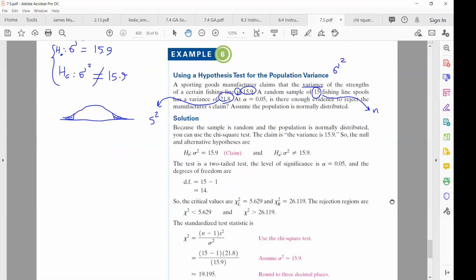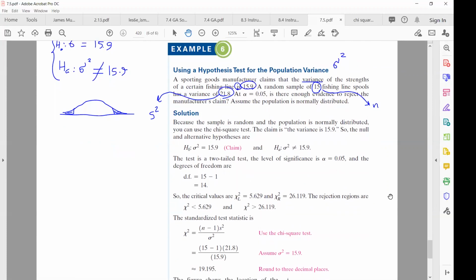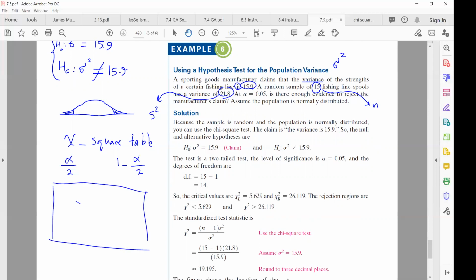Perfect. To find critical values, first of all, we have to use the chi-square table. And also, we have to do a little bit of algebra. Alpha over 2, 1 minus alpha over 2, and then we find the critical values. The degrees of freedom is 14.